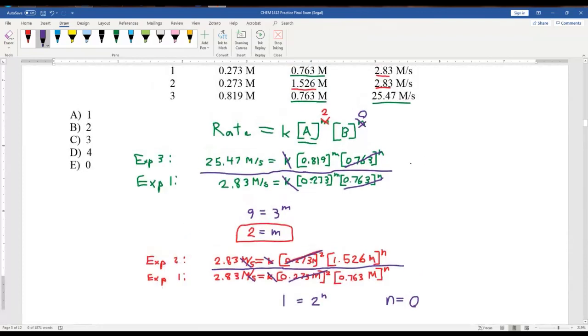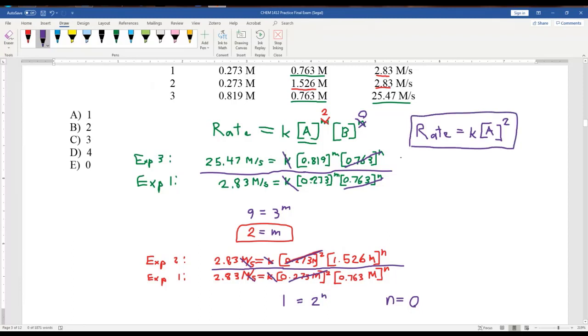If I were to rewrite the rate law for this reaction, I would say that this rate is equal to K times A squared. And I wouldn't have to put B because B to the 0 is just 1, since this 0 power means it has no effect on the rate. This is your rate law.